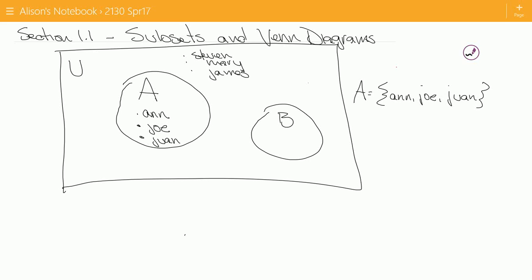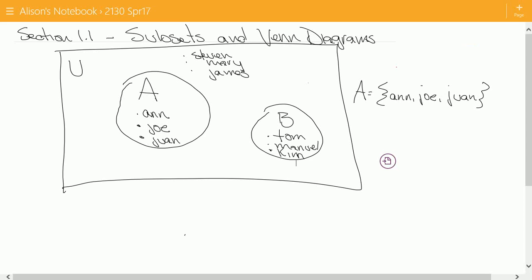Let's say that this is set B. And so this is going to be Tom, and we'll have Manuel, and then we'll have Kim. So I have a second set B with another set of students that are taken out of that universe. And the Venn diagram is a visual representation of one or more sets in the universe.